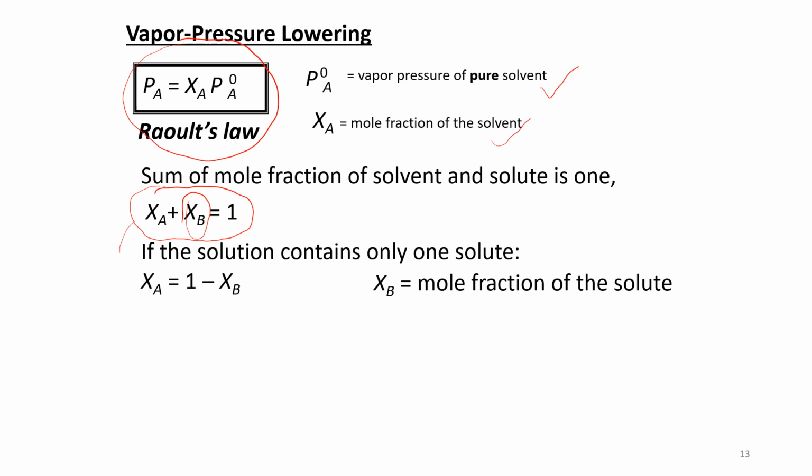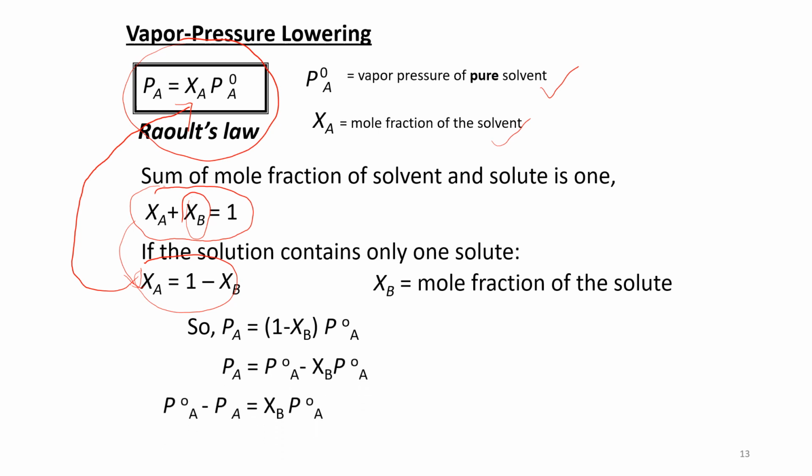So we rearrange this equation to get XA equal to 1 minus XB. After that we can substitute this into Raoult's law, so we get the new formula: PA equals 1 minus XB times P naught A. Then we expand the equation and we get the final equation for vapor pressure lowering: the change of P equals XB times P naught A.